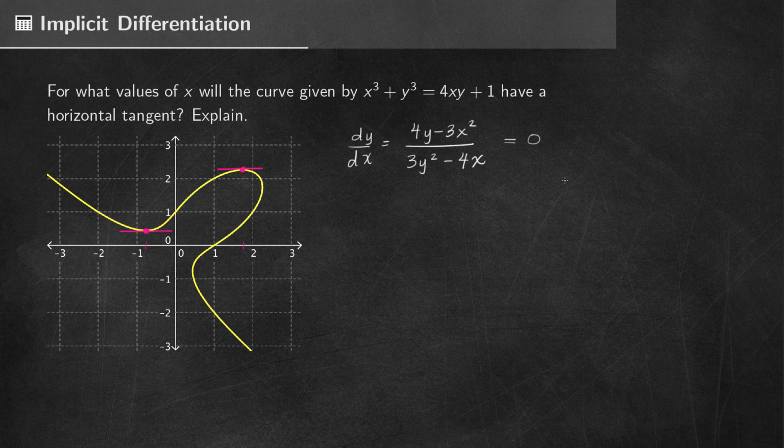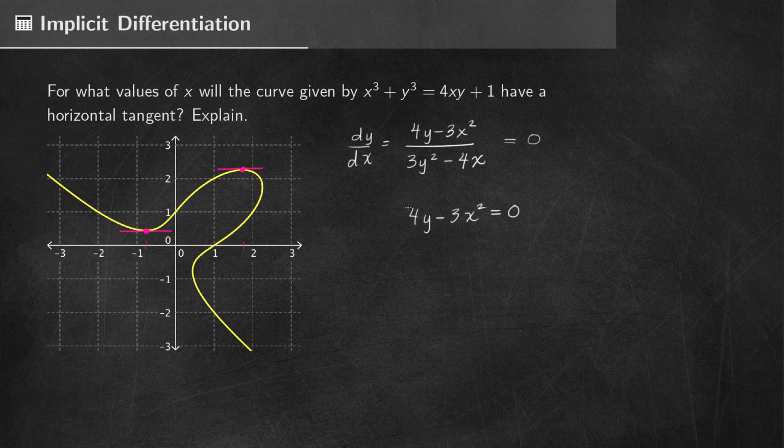Well, our derivative is in the form of a fraction, and the only way a fraction can equal 0 is if the numerator is 0 and the denominator is not. So we're going to solve the equation 4y minus 3x squared equals 0. And then we should check to make sure our solutions don't also make the denominator 0, because if we get 0 over 0, then that's probably not going to be a horizontal tangent. It's probably going to be a cusp, and the derivative wouldn't exist.